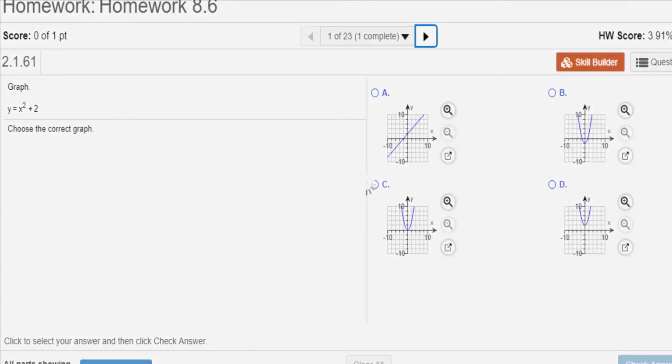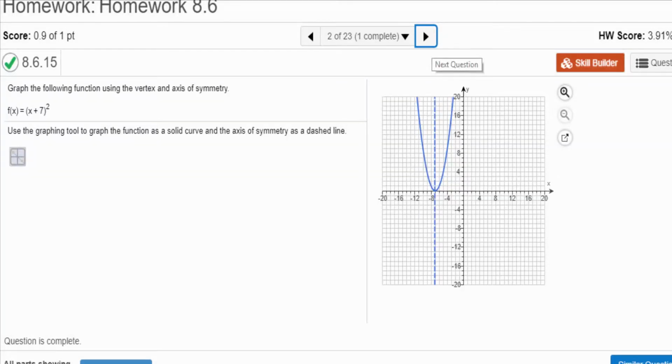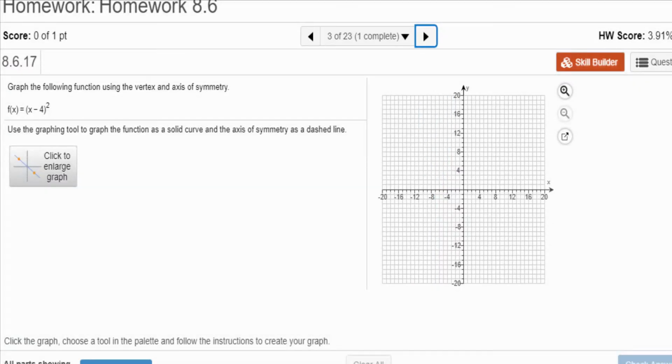Use your superpower. Every human has a superpower. It's called pattern recognition. Make sure you can recognize this pattern. How can you use the equation in all of these first 3 problems to identify the vertex without even graphing it? See if you see the pattern. It's there.